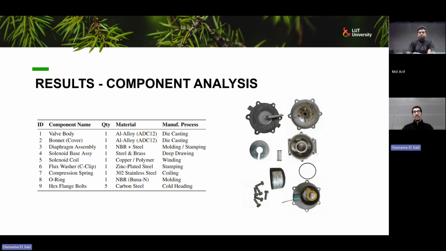And second, we have the diaphragm assembly, item 3, which seals the main flow. And finally, we have the solenoid actuator. So instead of listing this as one big unit, we broke it down into items 4, 5, and 6: the base assembly, the coil, and the flux washer. By separating these, we could identify the distinct manufacturing processes for each part, such as deep drawing used for the base and winding used for the coil.